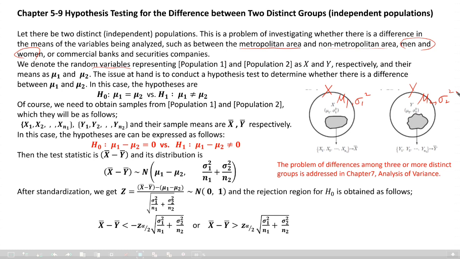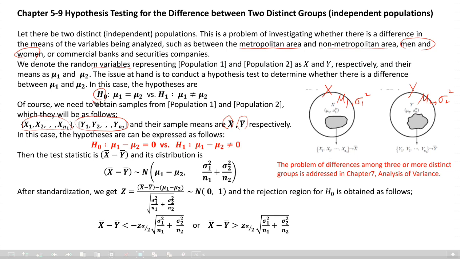It looks complicated, but it is as simple as when we deal with one population. In this case, the hypotheses are H0: mu1 equal to mu2, H1: mu1 is not equal to mu2. Of course, we need to obtain samples from population 1 and population 2, like x1, x2, up to xn1, and y1, y2, up to yn2, and their sample means are x bar and y bar respectively. So no problem yet, right?